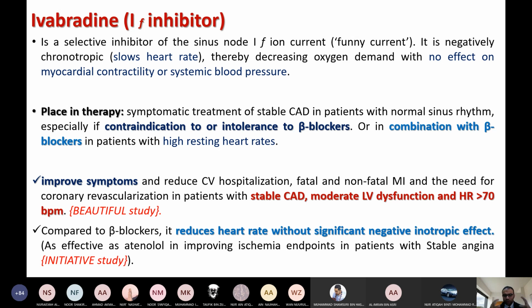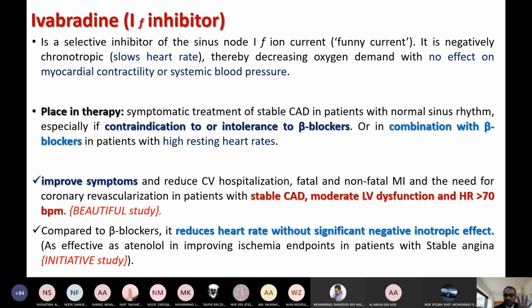The gist that we need to know is that it can lower the heart rate, with no effect on the contractility of the myocardial muscle or even the blood pressure, no hemodynamic effect, and this is a relative advantage.